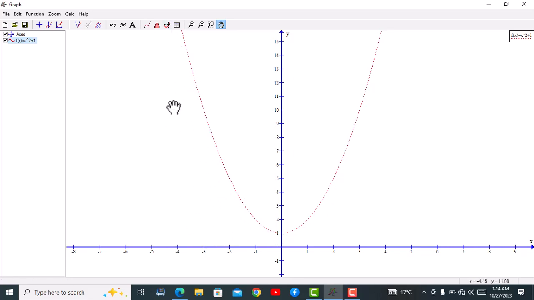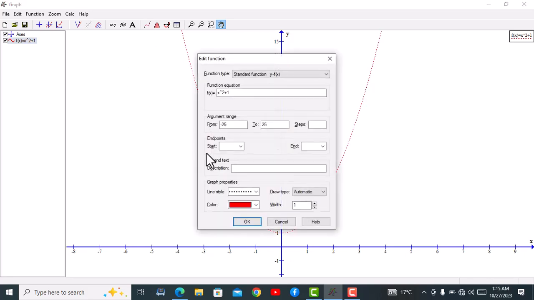This is from -infinity to +infinity, are the values of x. So that would be the domain in here: -infinity to +infinity.